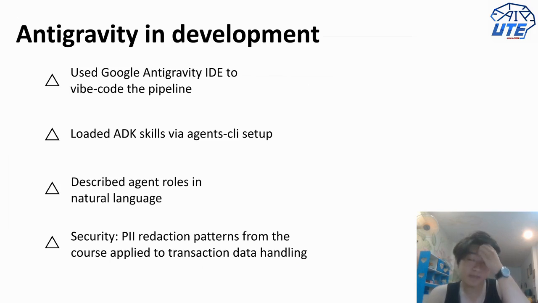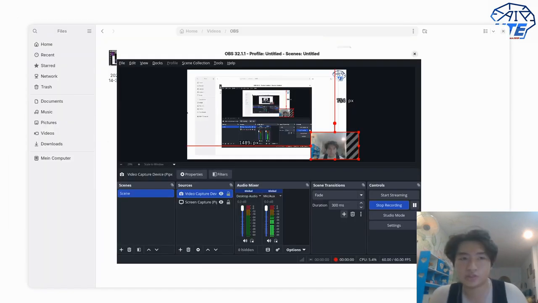So we mainly use Anti-Gravity for development, and as this is a vibe coding hackathon, we try to vibe code as much as possible, still with the previous setup that we had from FastAPI and REST API. We use Anti-Gravity as our primary development environment.